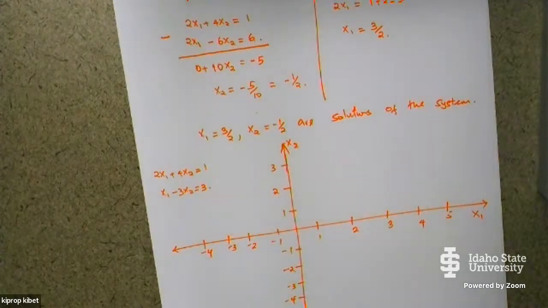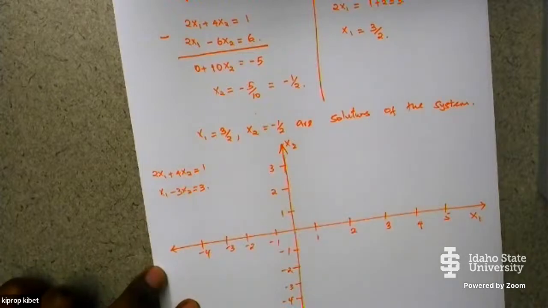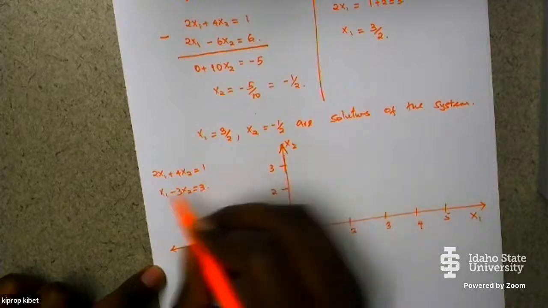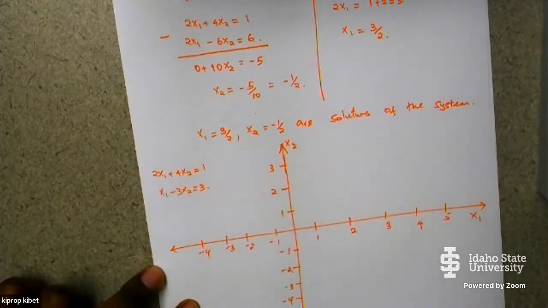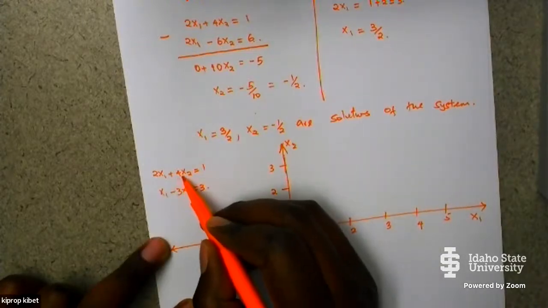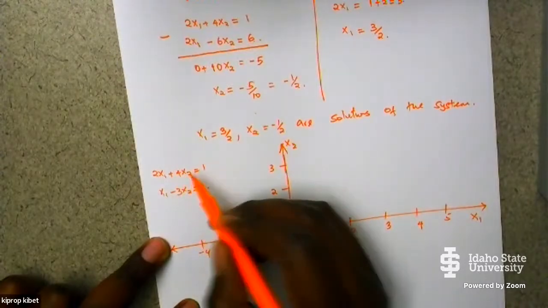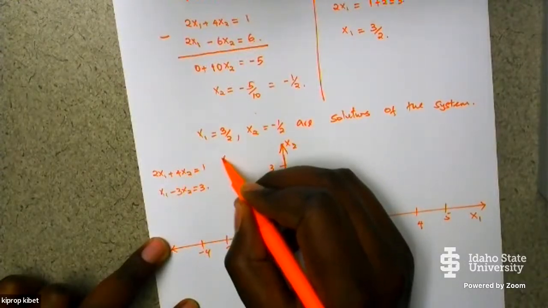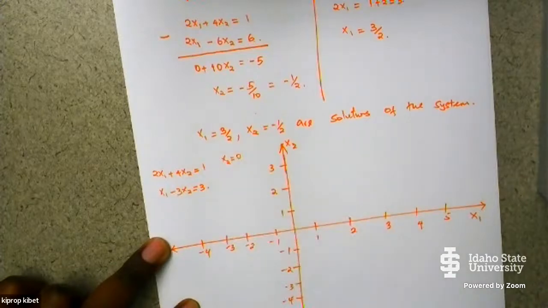We can let x1 be 0, or we can let x2 be 0 so that it is easier. When x2 equals 0, then x1 equals what?